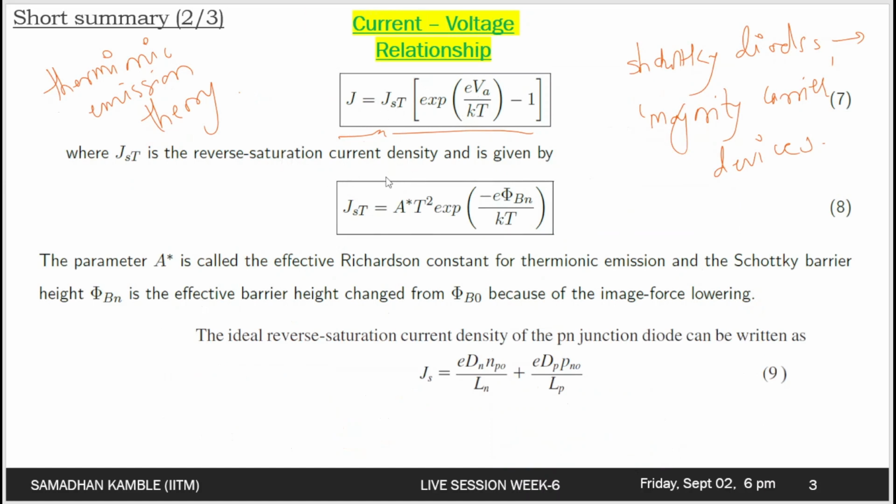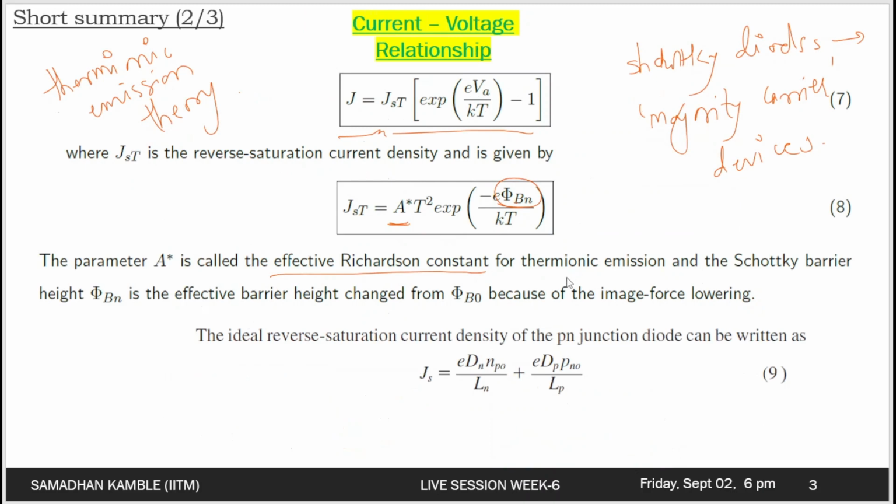J_ST is further given as A star T squared exponential of minus e phi_Bn over kT, where A star is a constant, also called the effective Richardson constant for thermionic emission, and phi_Bn, the Schottky barrier height, is the effective barrier height changed from phi_B0 because of the image force lowering.